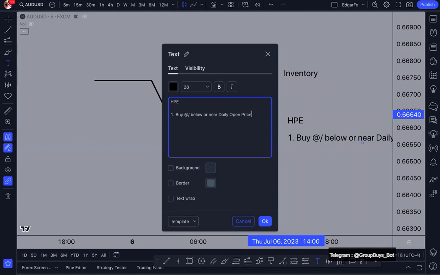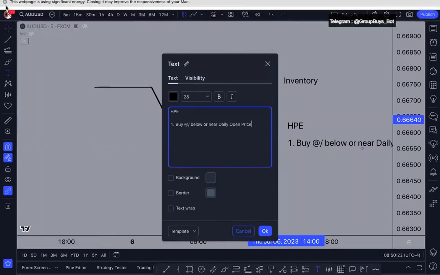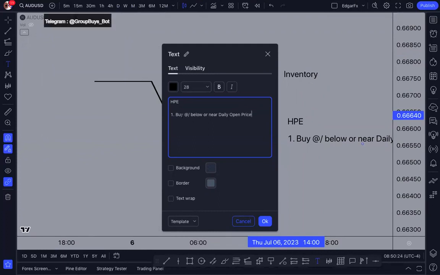And remember, HPE, high probability element. If the day were to be an up day, wouldn't it be a high probability to buy at, below, or near the daily open price, knowing that it's going to close higher than that open price? Yeah, 100%. Definitely. I would love to buy below that open price.